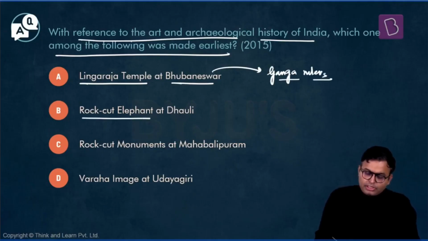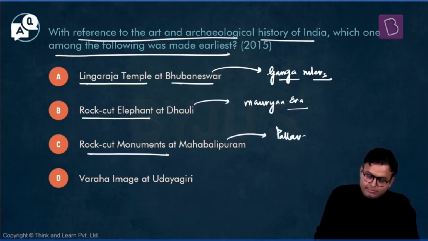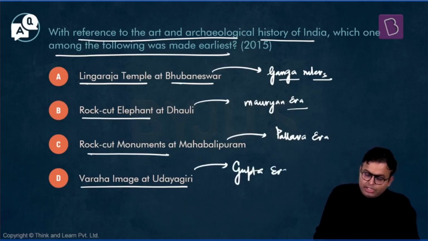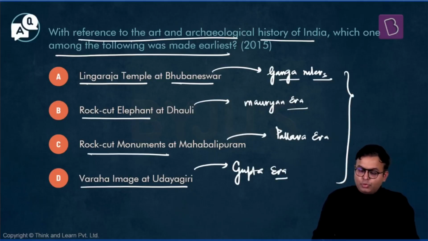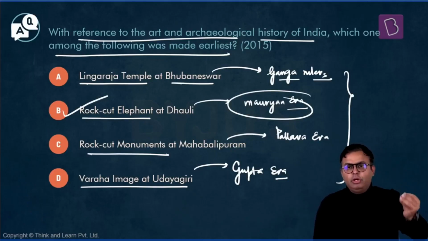The rock-cut elephant at Dhauli is from the Mauryan era. The monuments at Mahabalipuram are from the Pallava era. And the Varaha image at Udayagiri is from the Gupta era. So without getting into the dates, we are able to correlate, and now we know the answer is the rock-cut elephant at Dhauli and Jugada.